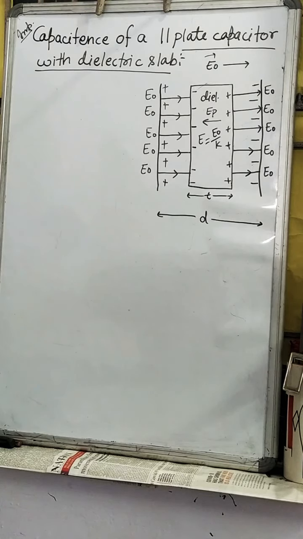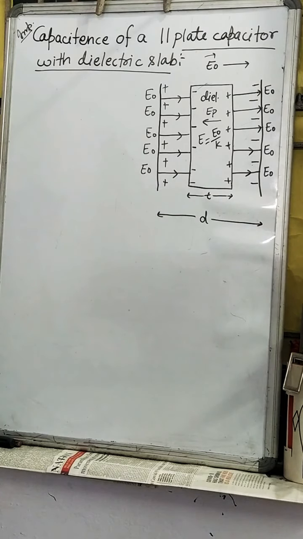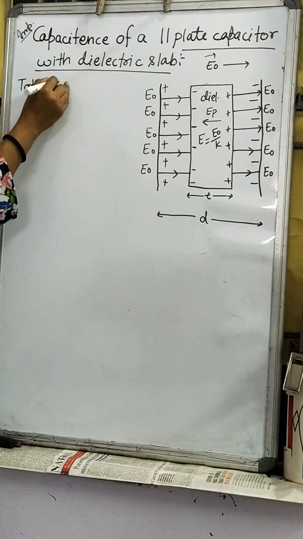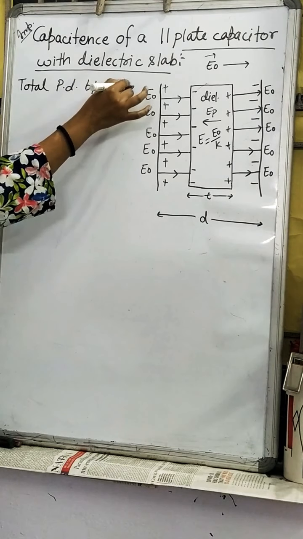Now introduce a dielectric slab of thickness t between the plates. Then we have to find the total potential difference between the plates.